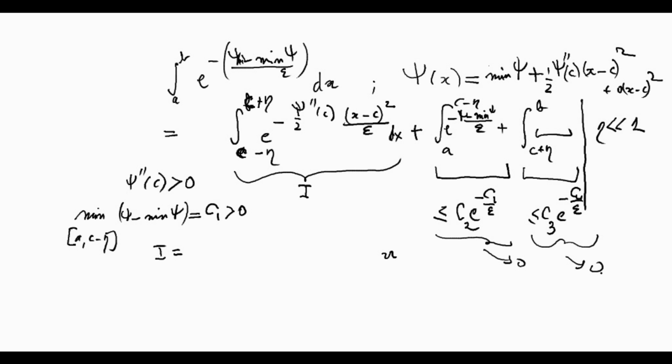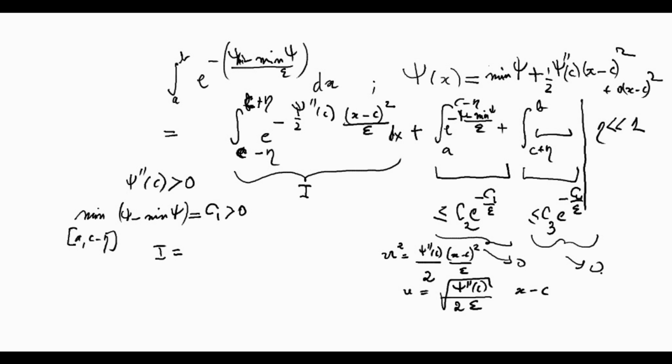We'll write u squared equals psi second of c divided by 2, x minus c squared divided by epsilon, so that u equals square root of psi second derivative at the point c over 2 epsilon, and this is x minus c.